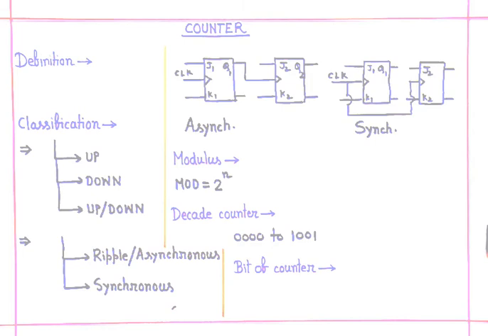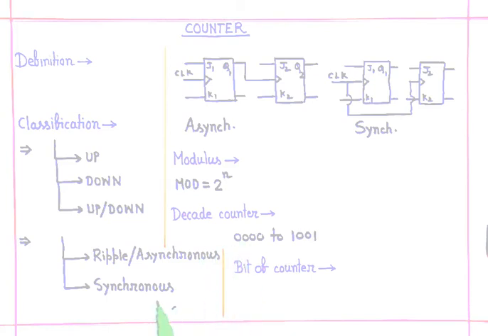So from this previous equation you know that for 4 flip-flop modulus will be equal to 2 to the power 4 equal to 16. That means using 4 flip-flop you can count total 16 numbers. Suppose 0 to 15. 0 to 15 equals total 16 numbers.